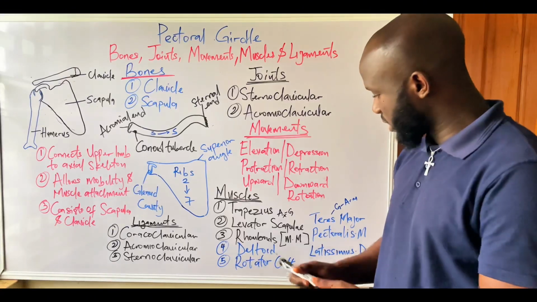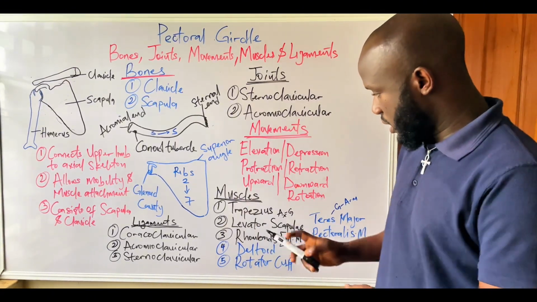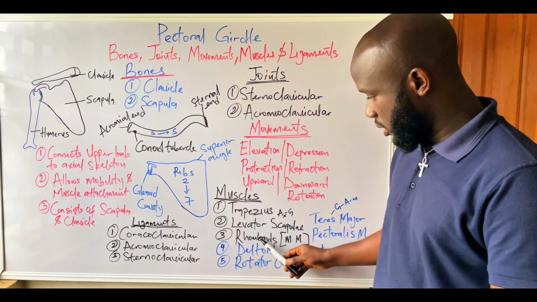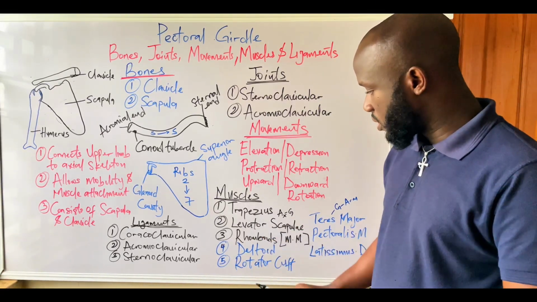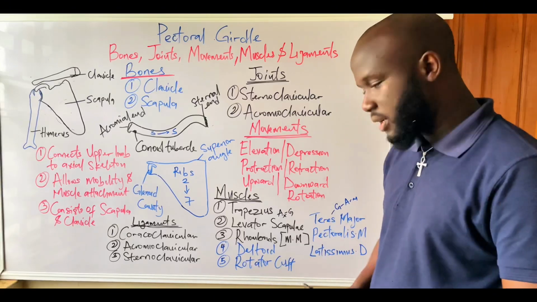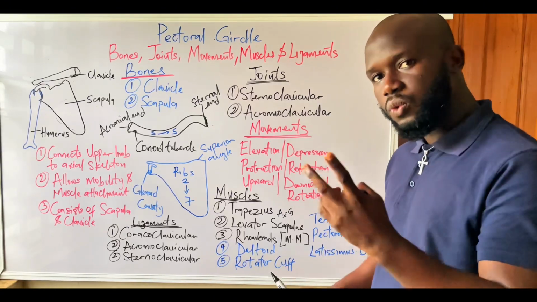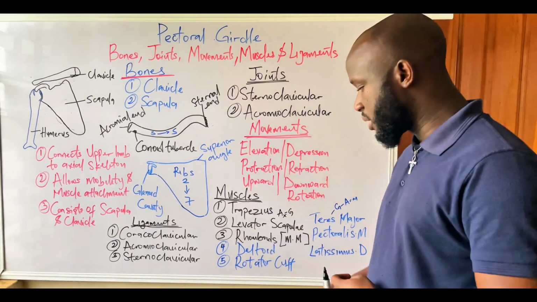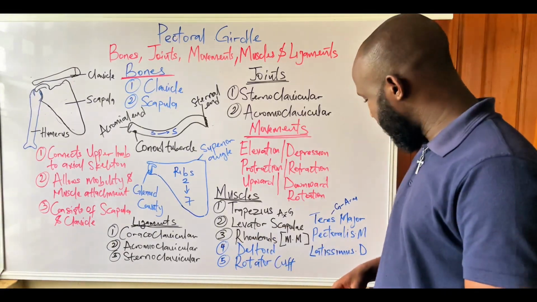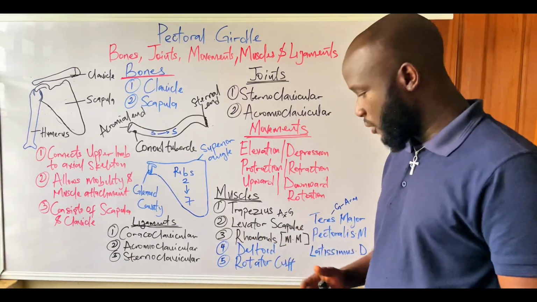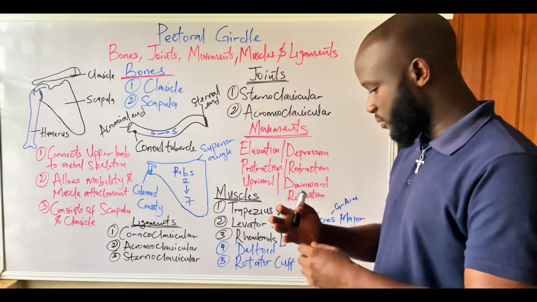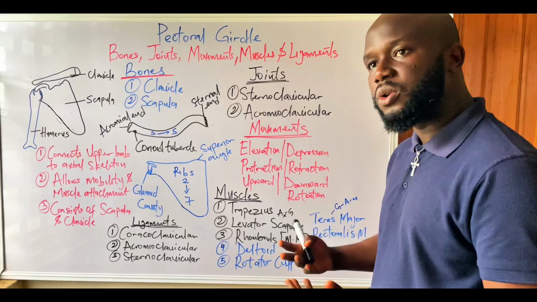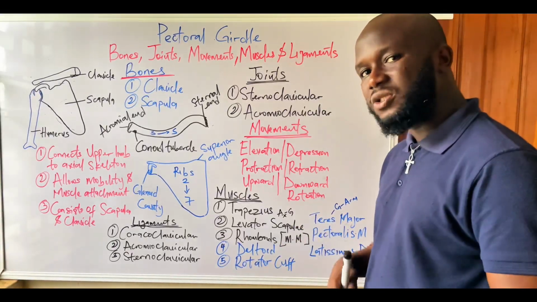The ones that connect the axial skeleton to the girdle are labeled in black. The first one is the trapezius, the second one is the levator scapulae, the next ones are the rhomboids, and we have two: the rhomboid major and the rhomboid minor. For the ones that connect the girdle itself to the arm, we have the deltoid muscle, and the rotator cuff muscles, which are the supraspinatus, the infraspinatus, the teres minor, and the subscapularis.